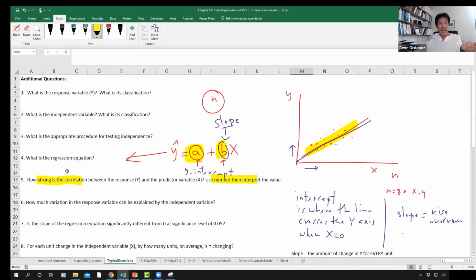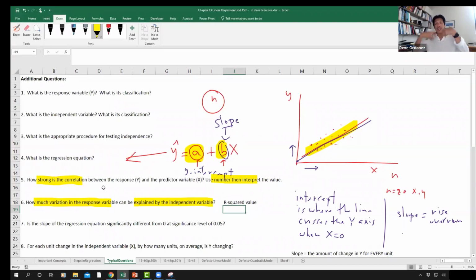And then we answered number 6. We talked about answering this question, how much variation in the response variable can be explained by the independent variable, and we said that this would be the R squared value. Are we good so far?